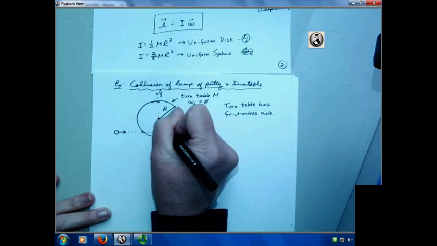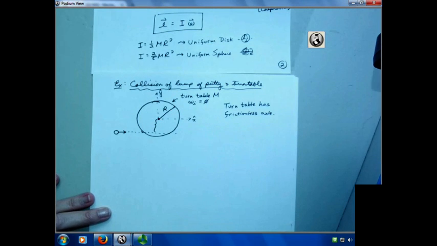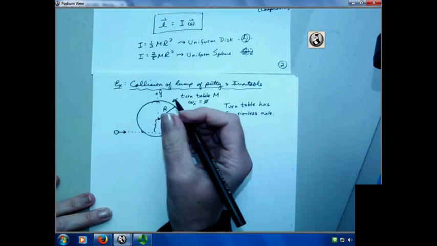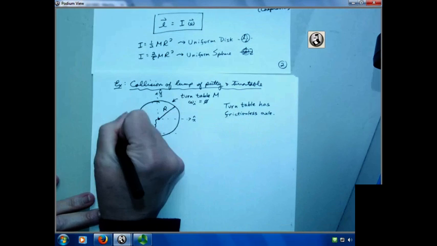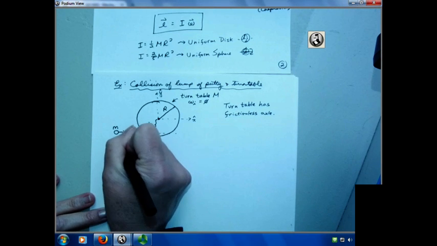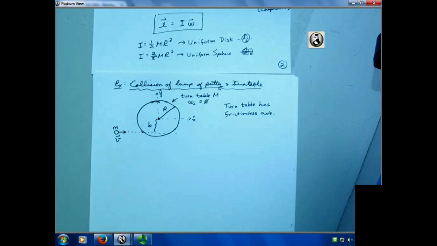The distance between the line of velocity of the putty and the center of the turntable is b. The mass of the lump of putty we'll call lowercase m, and it is thrown with a velocity whose magnitude is lowercase v. So that's the situation.